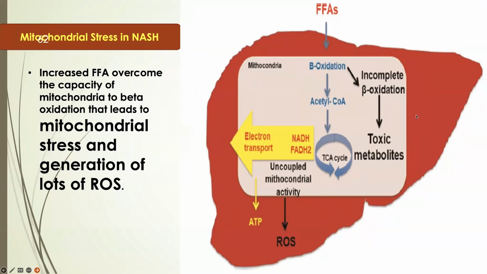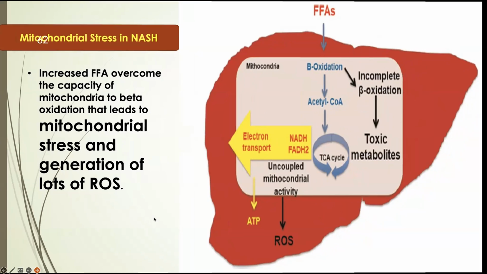So the mitochondria, which is taking in the fatty acids for beta oxidation, by default is likely to have some 5% of the normal beta oxidation remain incomplete. This incomplete beta oxidation during a process of continuous fatty acid oxidation leads to generation of a lot of reactive oxygen species.